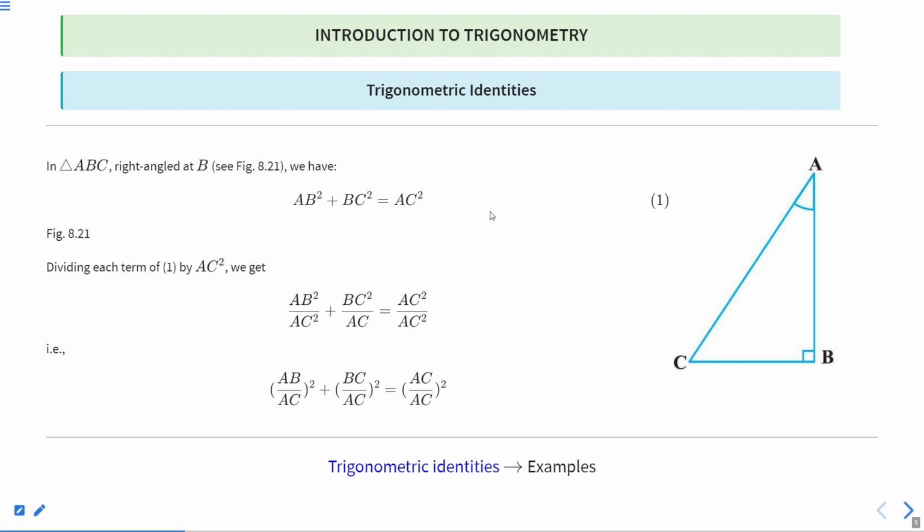It implies (AB by AC) whole square plus (BC by AC) whole square is equal to (AC by AC) whole square.